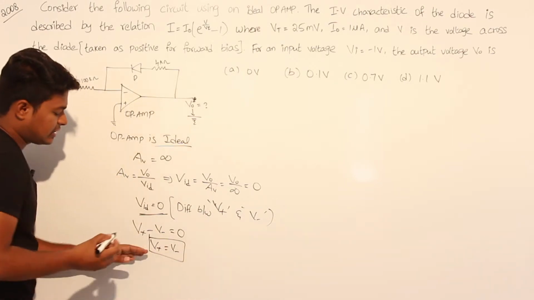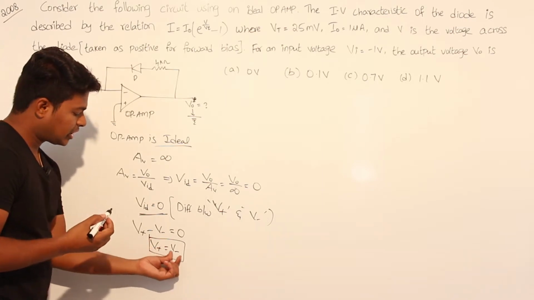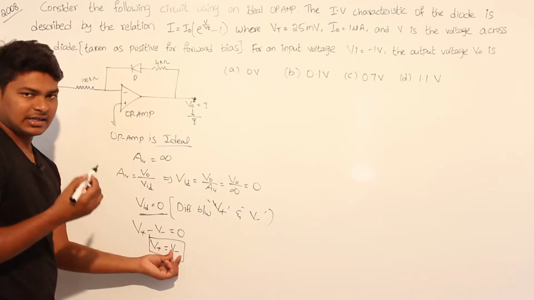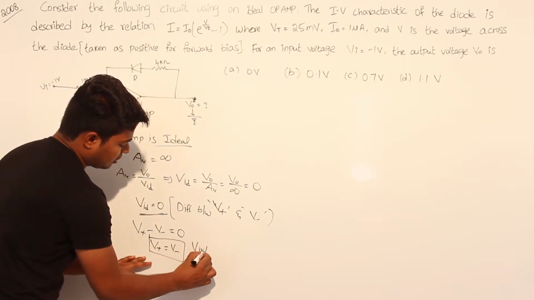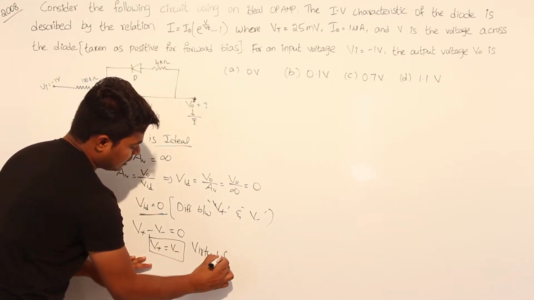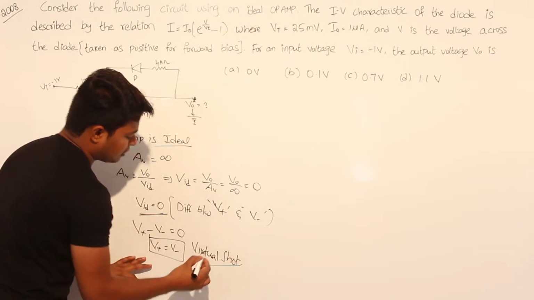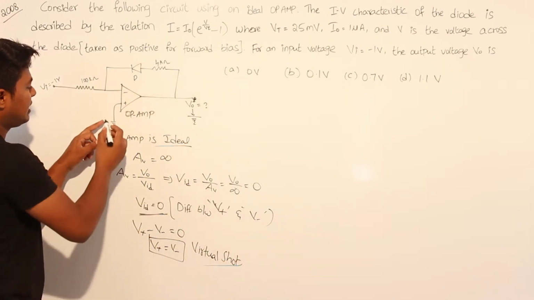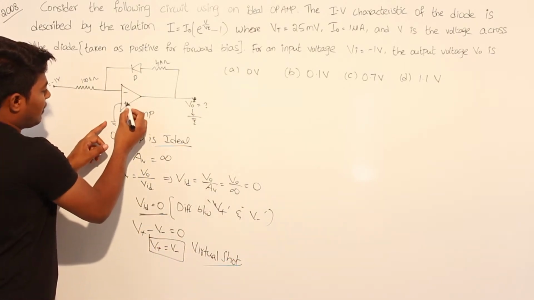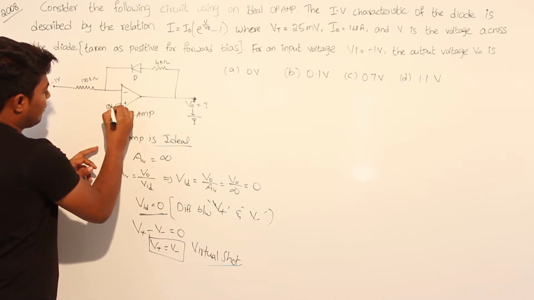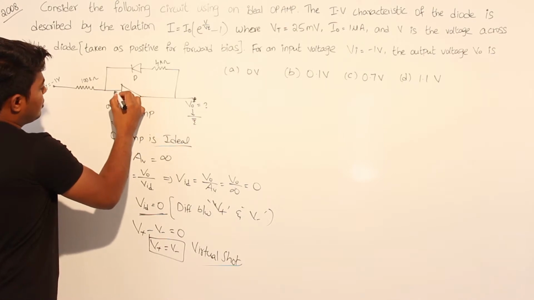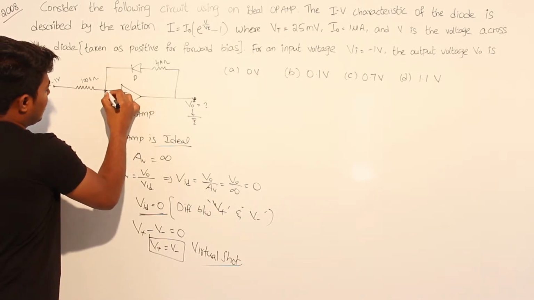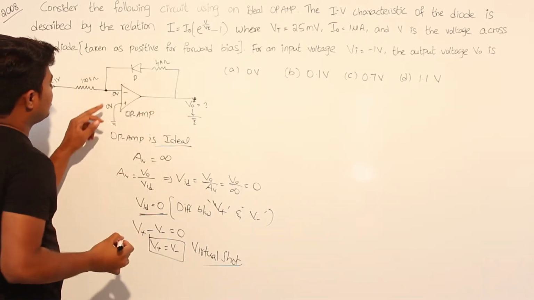The voltages at both terminals of an op amp will be at the same voltage. This concept is called virtual short. This you should remember. Here the plus terminal of the op amp is at 0 volts, as ground is nothing but 0. So the inverting terminal should also be at 0 volts, so the voltage at this point will be 0.